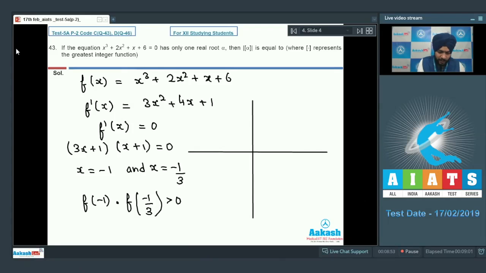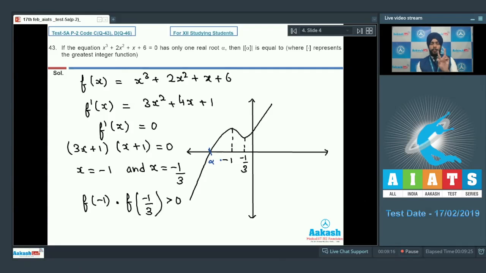So from minus infinity to minus 1, the graph is increasing. From minus 1 to minus 1 by 3, the graph is decreasing. And then again it is increasing. Obviously, the real root alpha will come before minus 1.